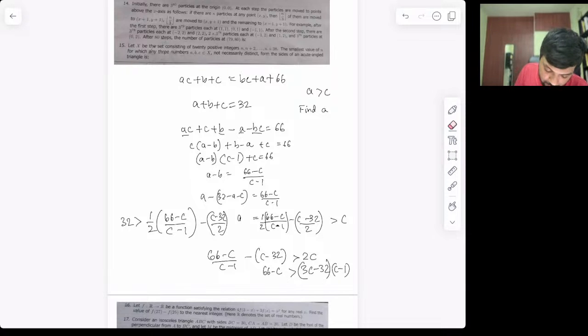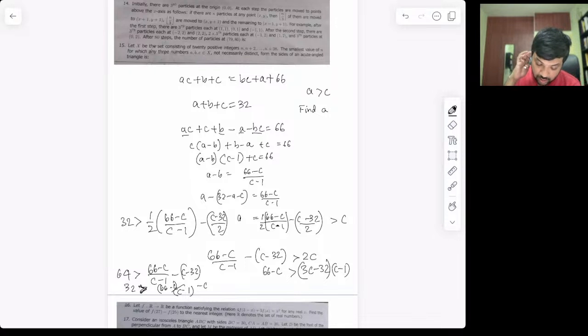So if you try to multiply, you'll get 64. Now I do it the full way, but I think most people would have done it by trial and error, done it really fast. If you do it the other way, you'll get 32 is strictly greater than (66 minus C) by (C minus 1) minus C. So now if C is too small, this number will be bigger than 32.